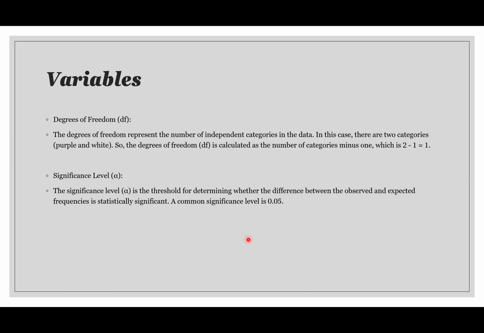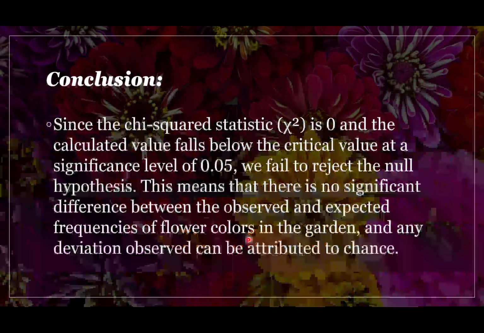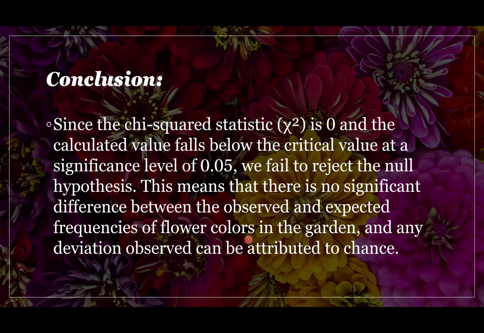Our significance level alpha, what we're going to be using here is 0.05. And what we must note is that if we surpass the significance level, we must reject the null hypothesis and draw a new hypothesis. And if it is below 0.05, we accept the null hypothesis. Remember, our chi-squared value was 0.